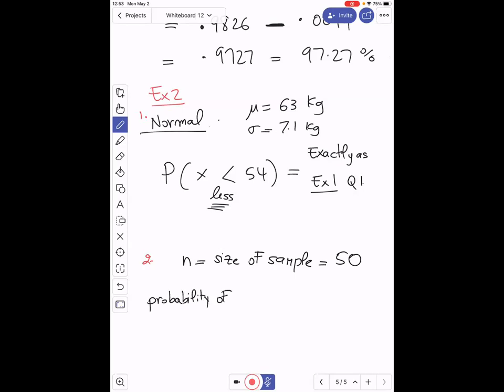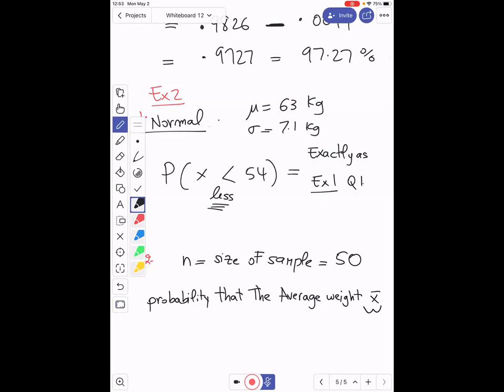Just write the problem in words: probability that the average weight X bar. So here you see the difference with number 1, guys. Here we are talking about X bar. It's not X anymore.